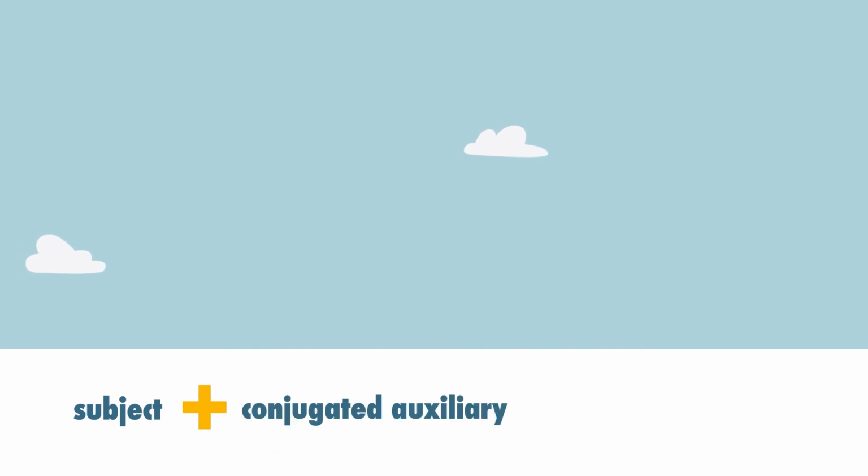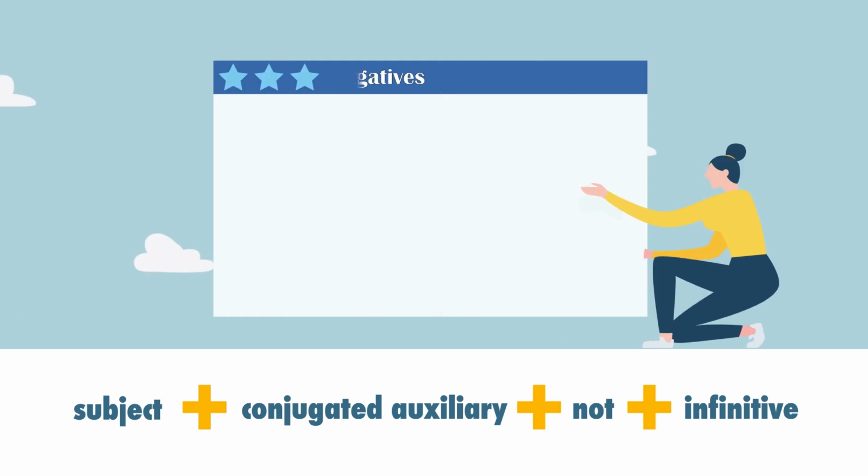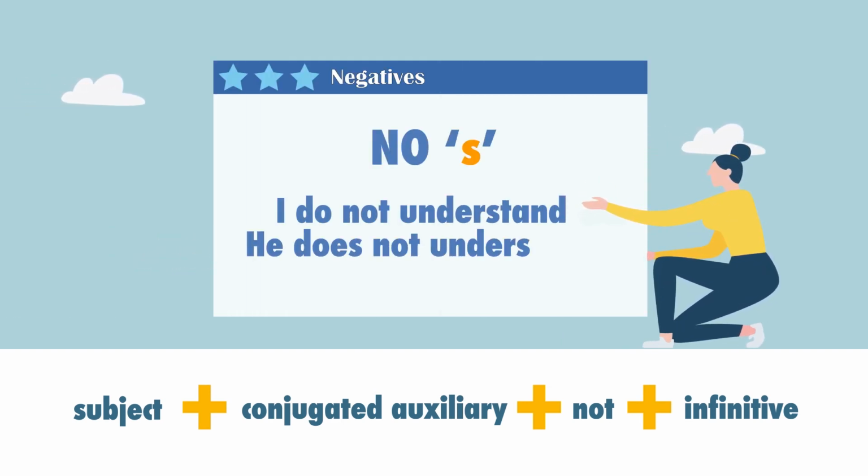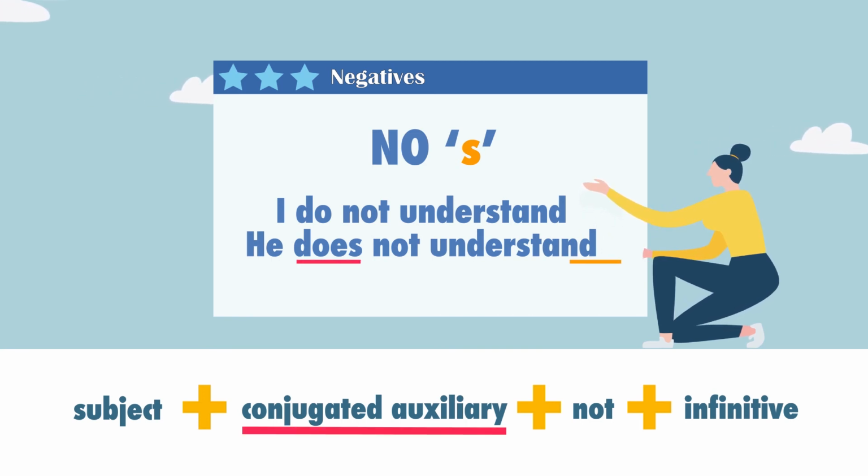It goes like this: subject, conjugated auxiliary, not, infinitive. That means there is no s on the verb, even if it's the third person singular, because you have already conjugated the auxiliary, and you can't have two conjugated verbs in one clause.